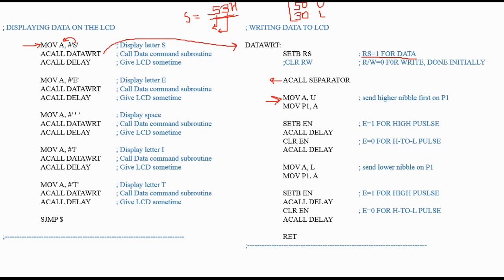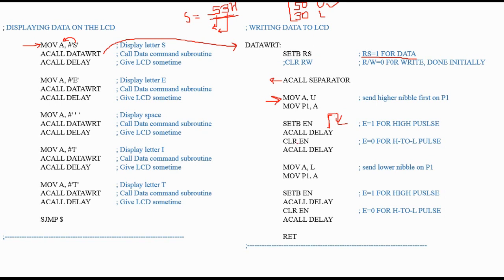When the pointer comes back at this location, the U will be sent to A and the content of A will be sent to port P1, to which the LCD is connected. Okay, so in this way U, that is the upper nibble, has got transferred to port P1 and hence the LCD. After that, when we send any command or data, we toggle the enable pin. Here we have toggled the enable pin. Set the enable pin, it was low previously basically, so set the enable pin.